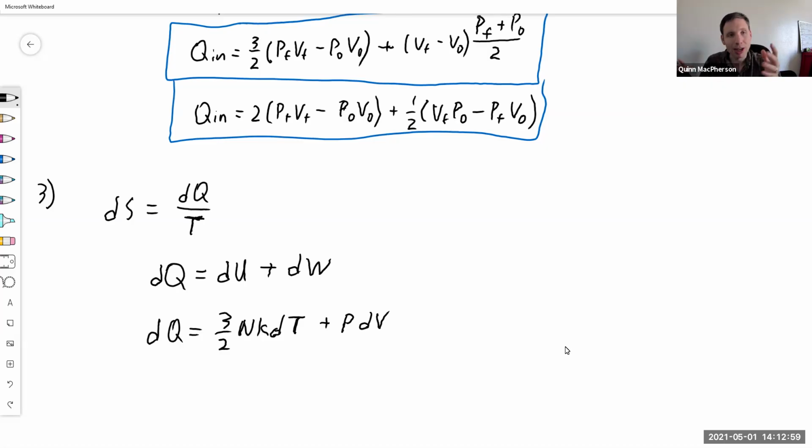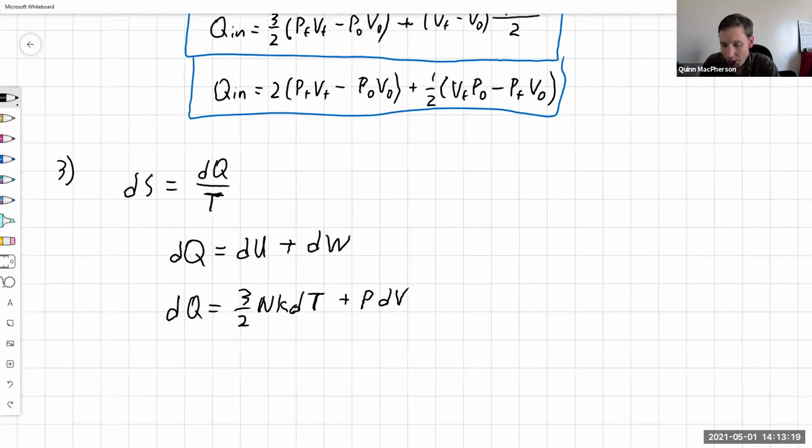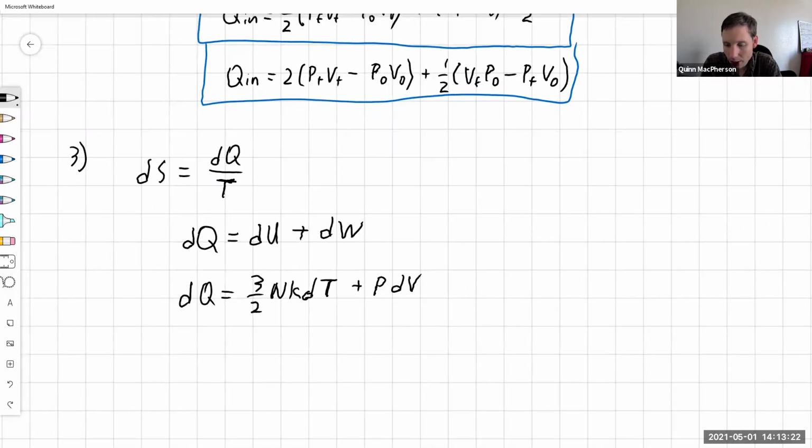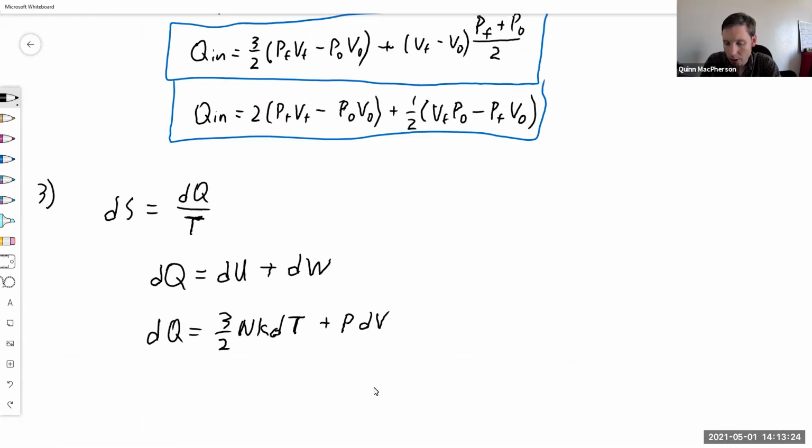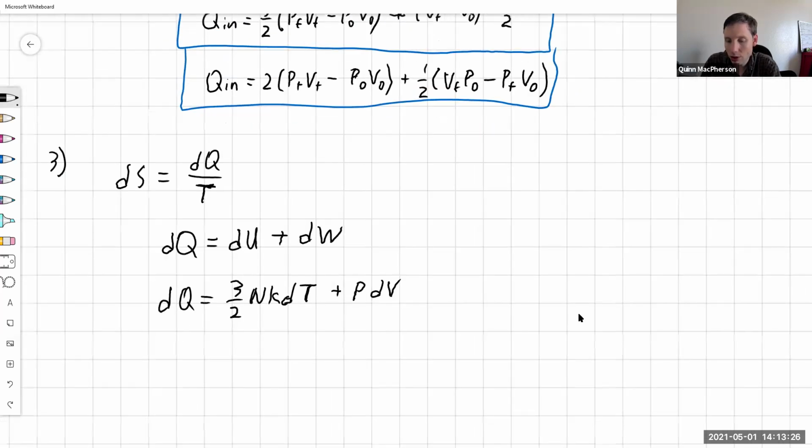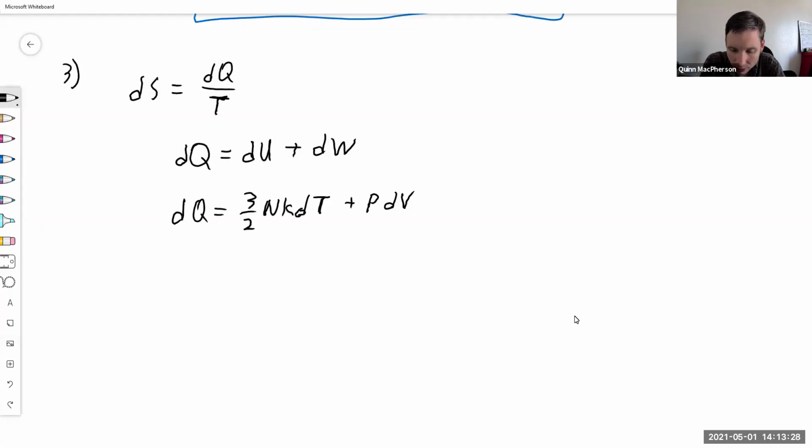You multiply and divide by area, force times distance becomes PdV. It's the force on, say, a piston times how far it goes; multiply and divide by area, and you get the pressure on the piston times the change in volume. Okay, so that gives us the Q for this particular process. Let me write this in a little bit better handwriting.